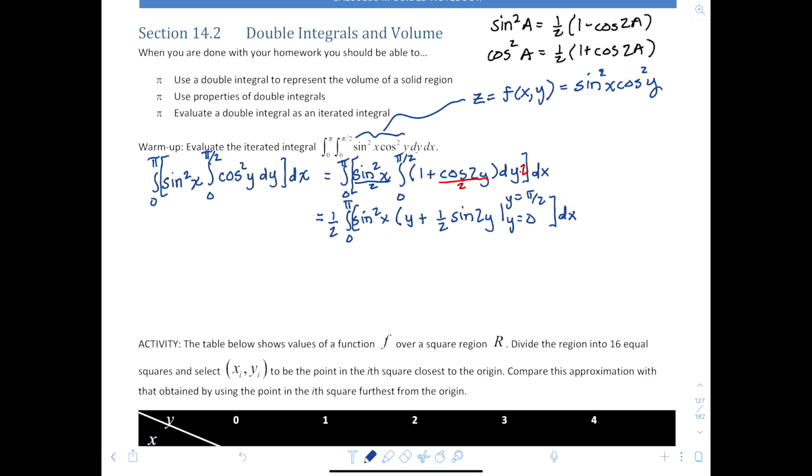Okay, so now, here we go. We will have 1/2 integral 0 to pi sine squared at x. And then let's see, our lower limit will zero out completely because sine at 0 is 0.